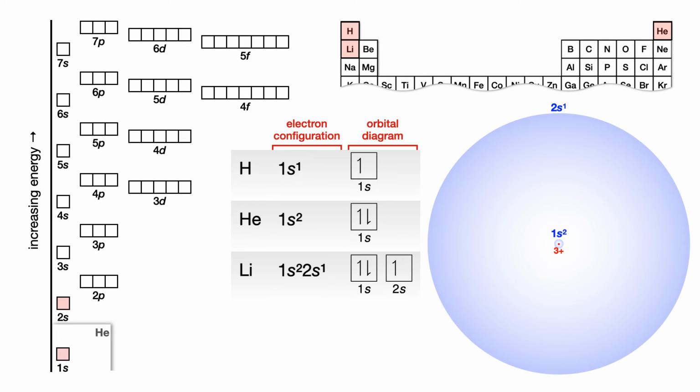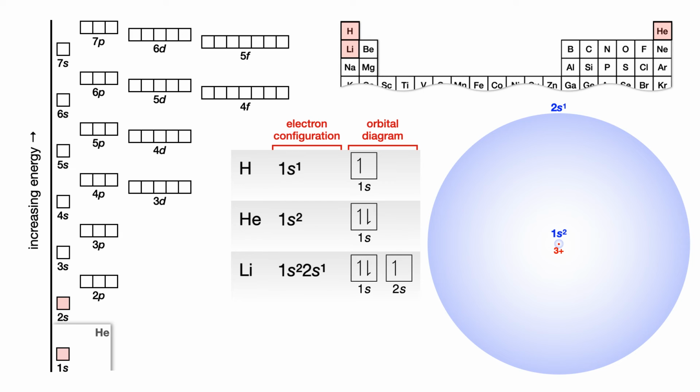Now, the second energy level is also going to be pulled in by the stronger charge of the nucleus. But if you think about it, if there are 2 electrons in the 1s orbital, those 2 electrons are almost on top of the nucleus, and they're going to be repelling the outer electrons in the atom.